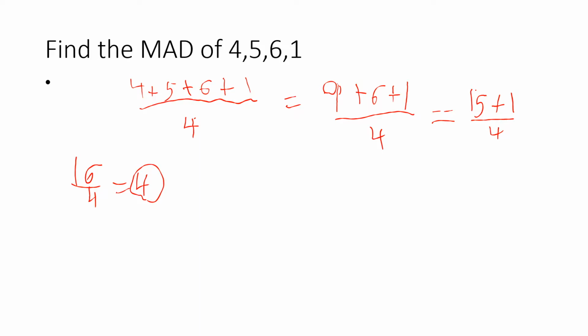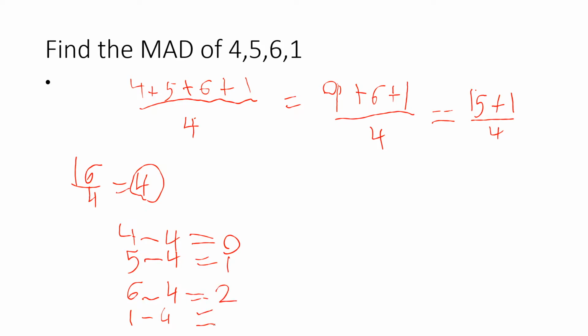So we're going to do 4 minus 4. We are then going to do 5 minus 4, 6 minus 4, and 1 minus 4, of course. We can just write these values: 0, 1, 2, and 1 minus 4 is -3.